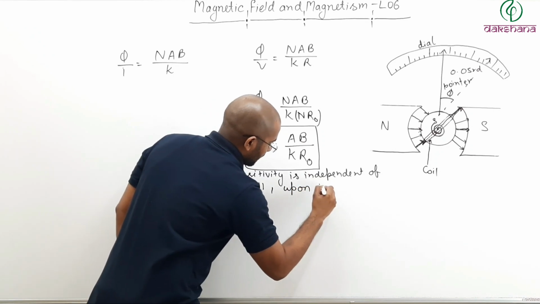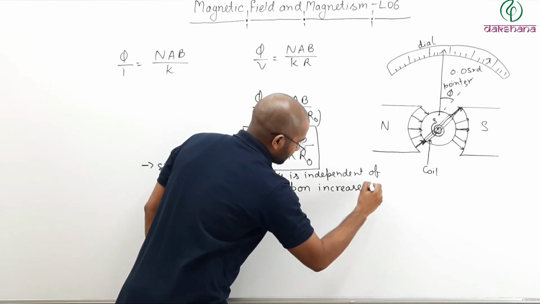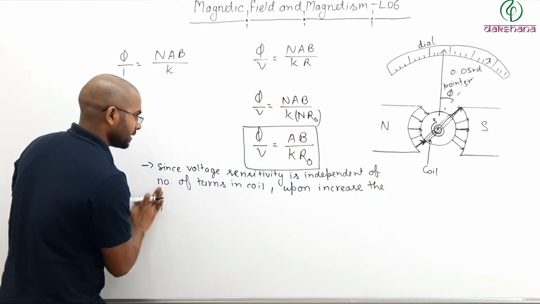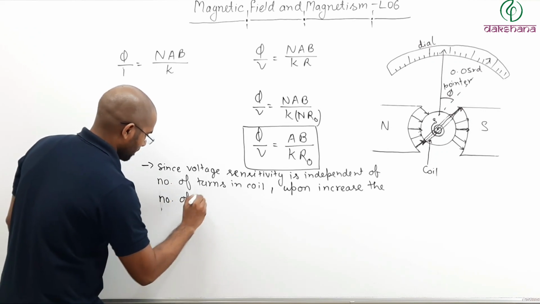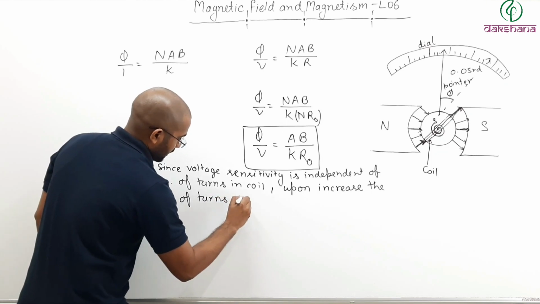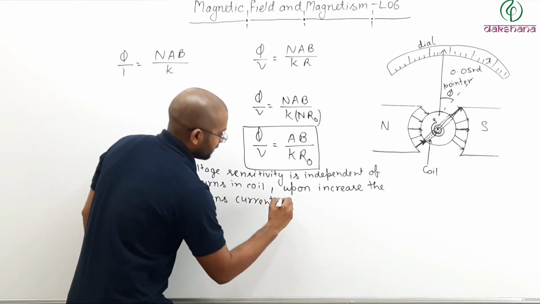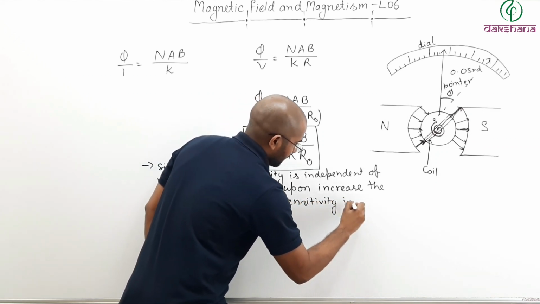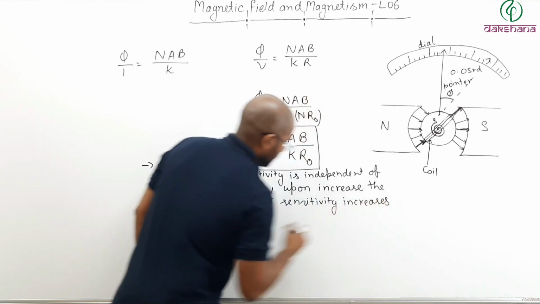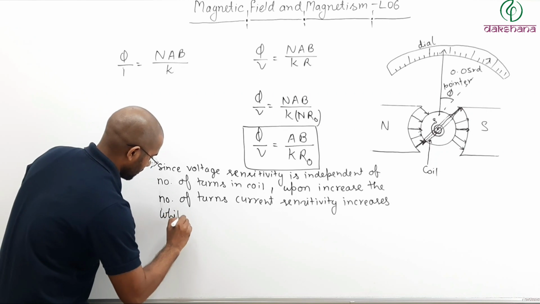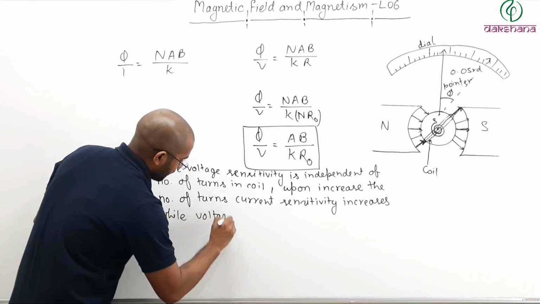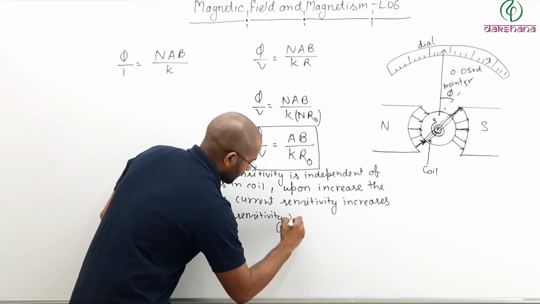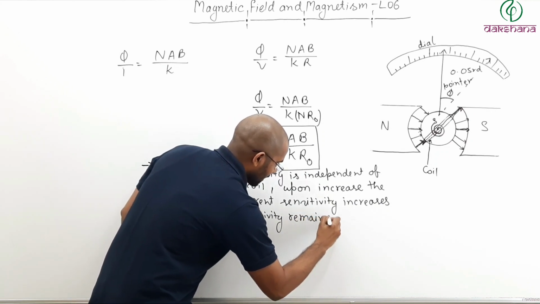upon increasing the number of turns, current sensitivity increases while voltage sensitivity remains same.